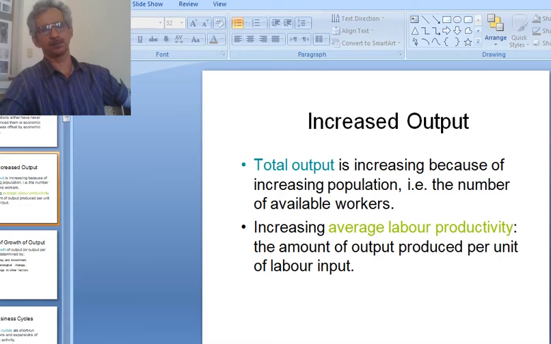What are the reasons the productivity of a worker can be increased? One reason is technological improvement. Another reason is the experience or training of the workers, education, and improvement in skills. So increasing average labor productivity means the amount of output produced per unit of labor input.